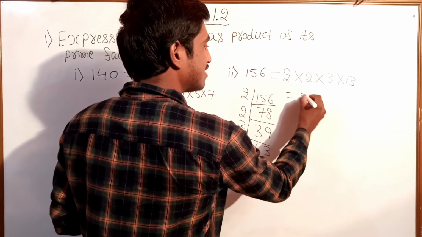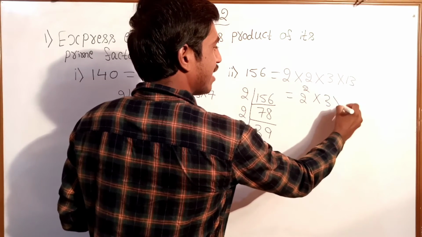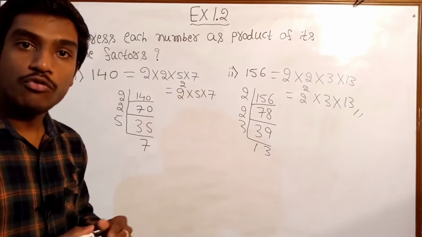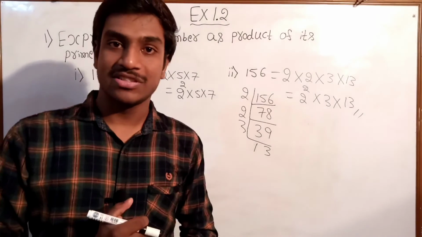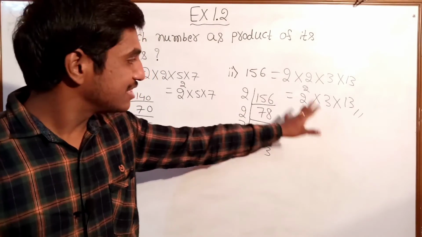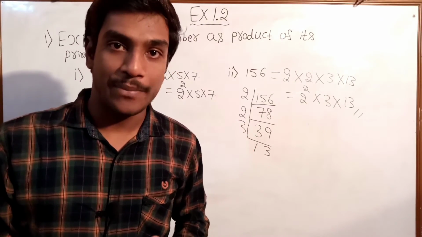This can also be written as 2 square into 3 into 13. So this is how we will solve. We will first express the number in terms of prime numbers, and the procedure is we will go in ascending order with the help of prime numbers.